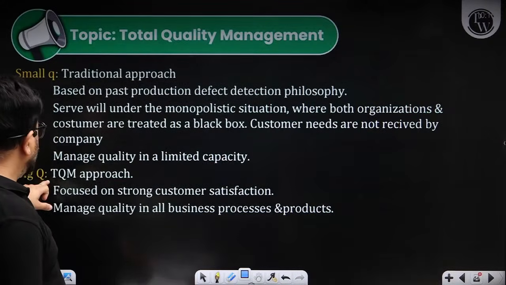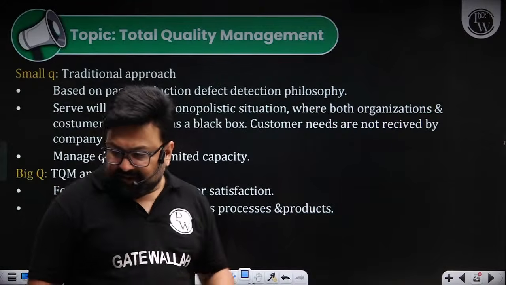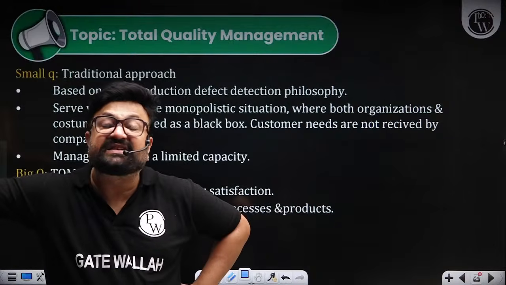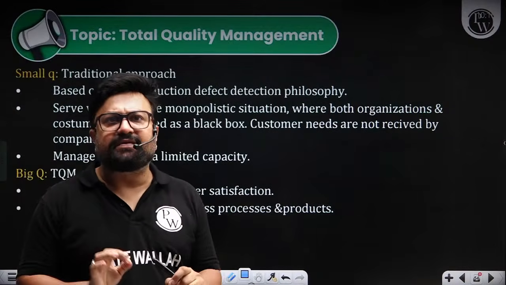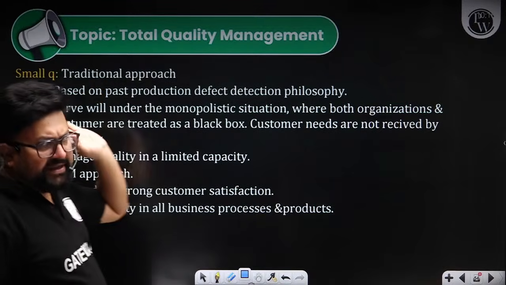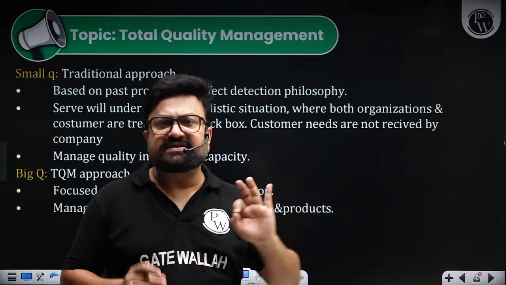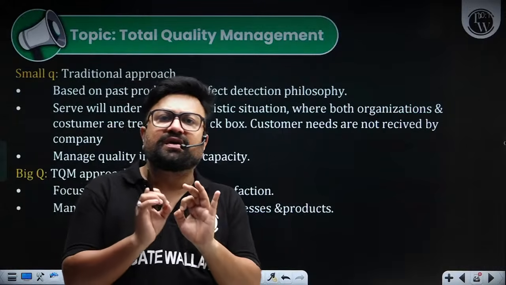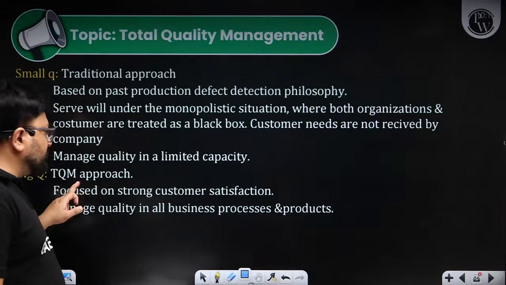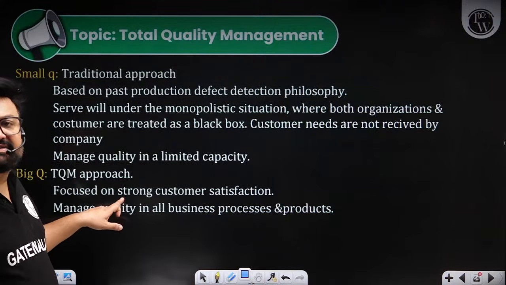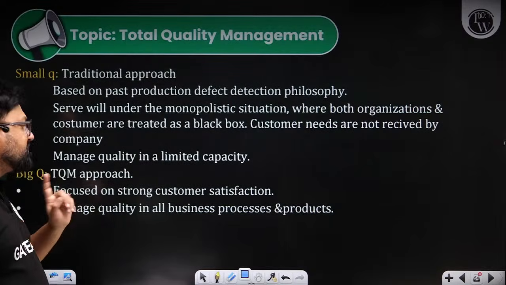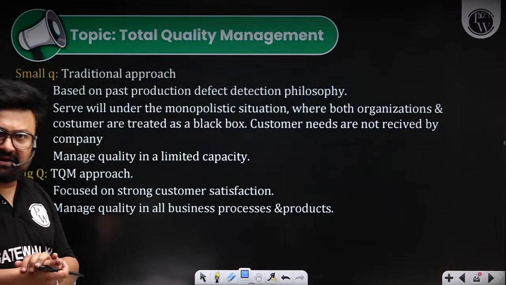In the traditional approach, customer needs are not covered by the company, but in the TQM approach, customer needs are covered by the company because they focus on strong customer satisfaction, right?